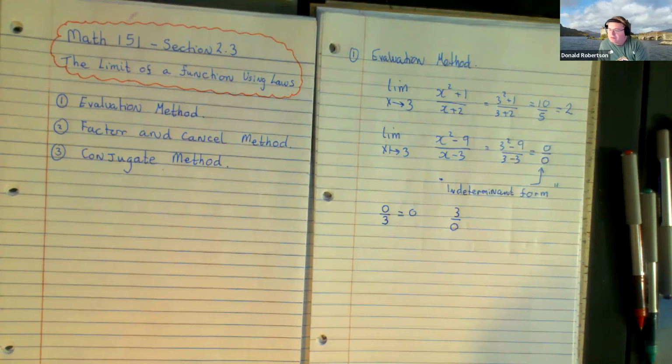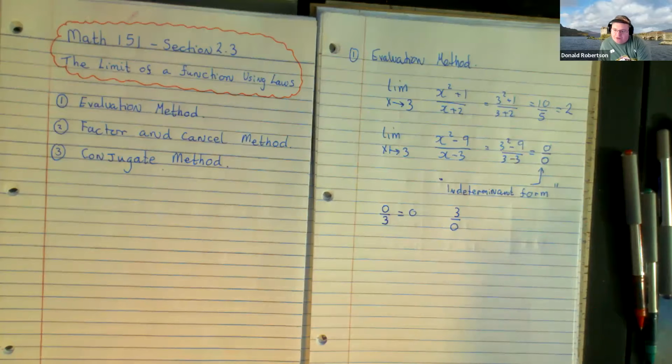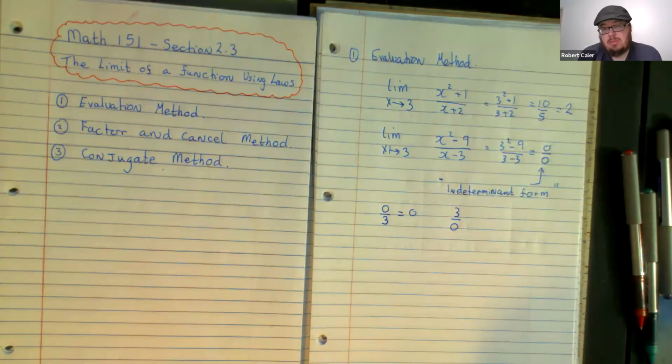Three over 0. What would that get you? Does not exist. We do say does not exist, but we've kind of refined the does not exist now that we're into limits. So I'll tell you what your choices are: 0, a number, or some kind of infinity.